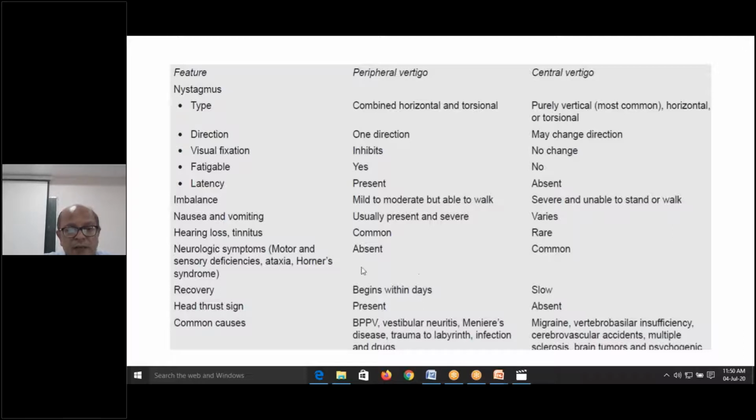Recovery in peripheral vertigo begins within a few days, whereas in central it takes a lot of time. Head thrust sign is present in peripheral and absent in central vertigo. And these are the different causes.